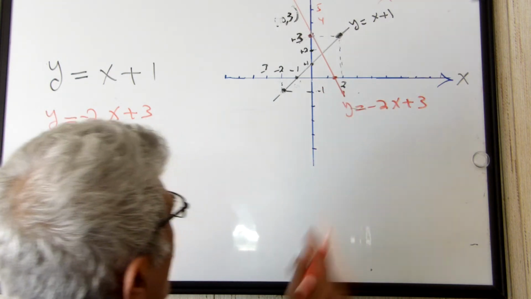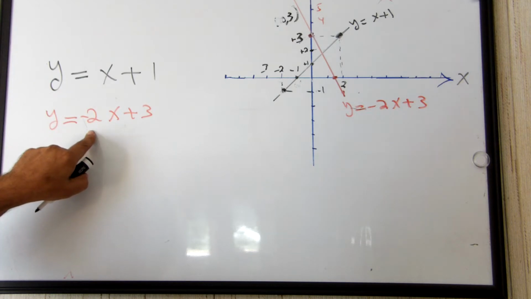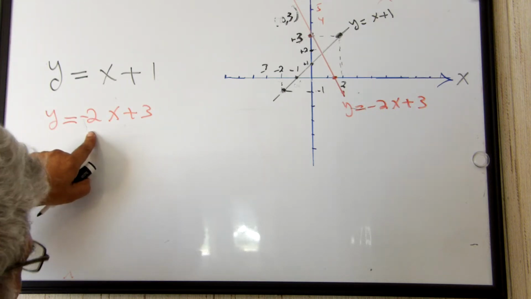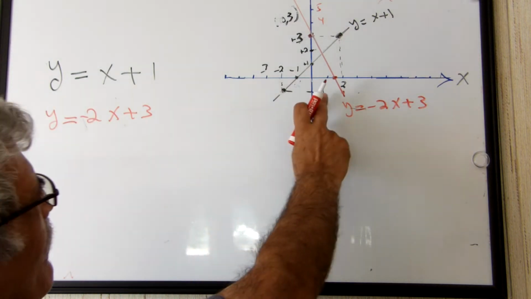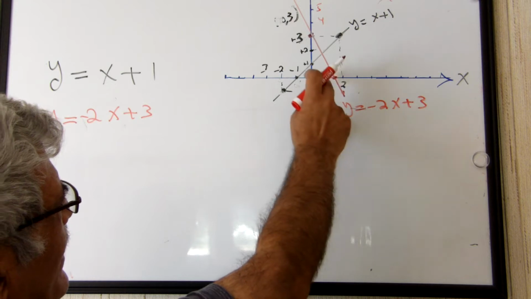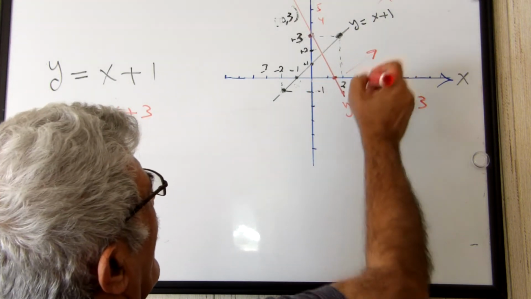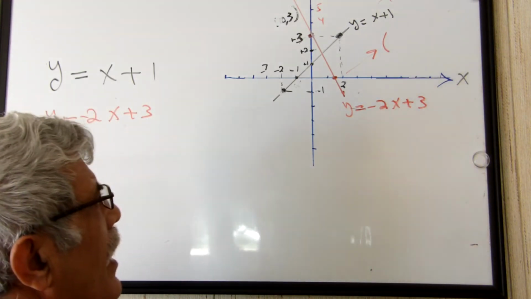When you find the x value for this one, for example, what is the 0? Zero means where the line intercepts the x-axis. So we are going to have 0 for y, because when it intercepts, we have the x coordinate and y coordinate.